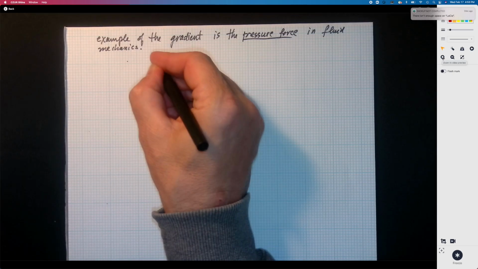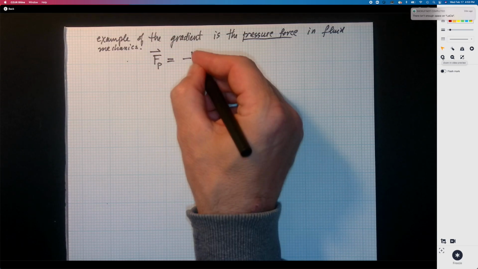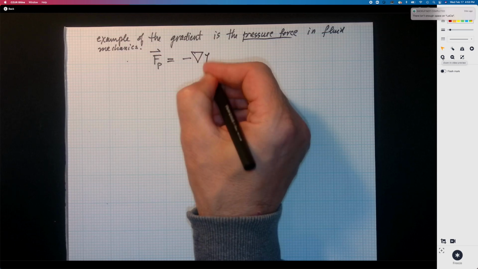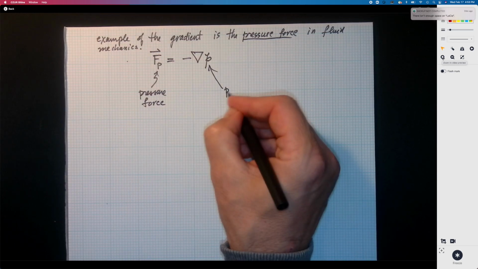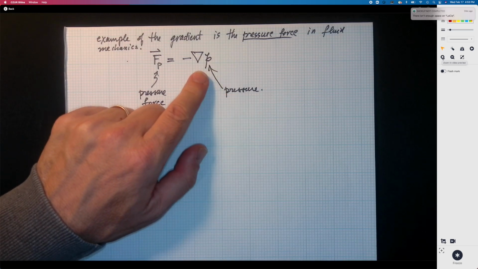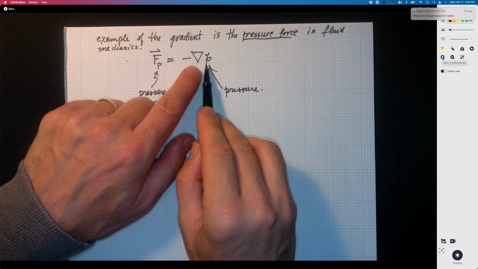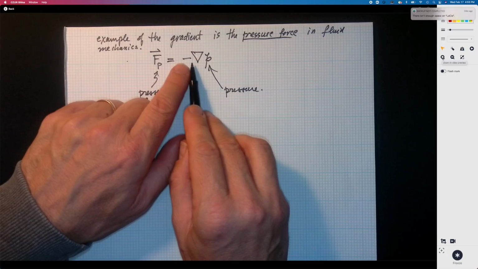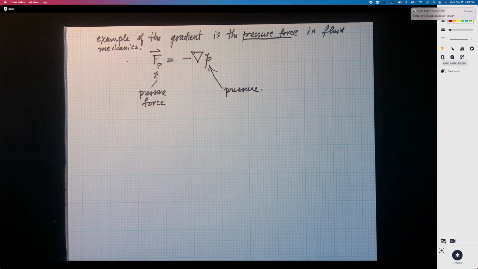So F pressure is equal to minus the gradient of the pressure. The pressure is just a scalar function that varies in space, and the pressure force is going to be equal in magnitude to the magnitude of the gradient of the pressure field, but it will be pointing from regions of high to low pressure, so we need the minus.